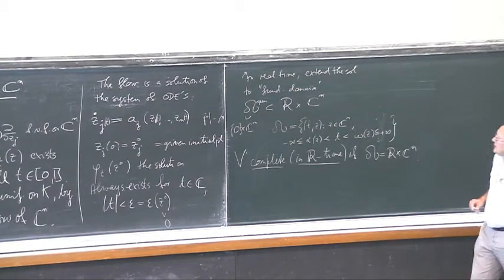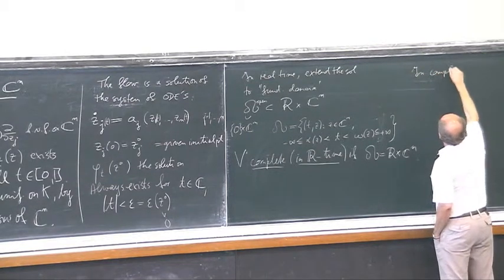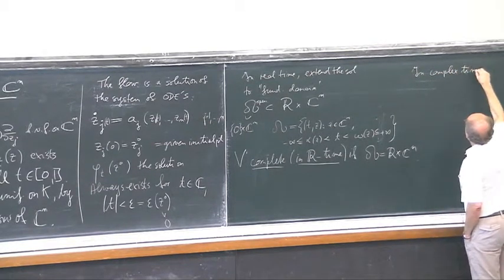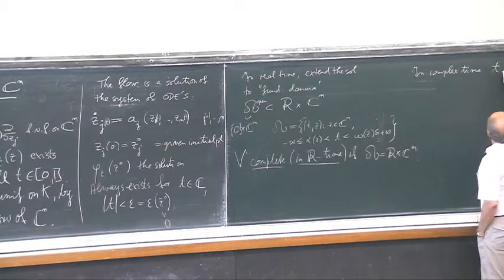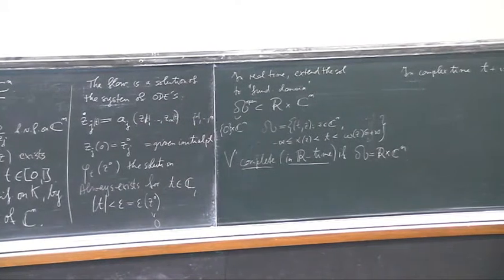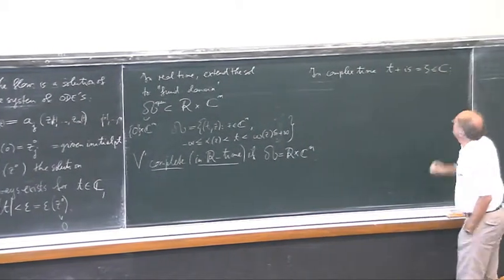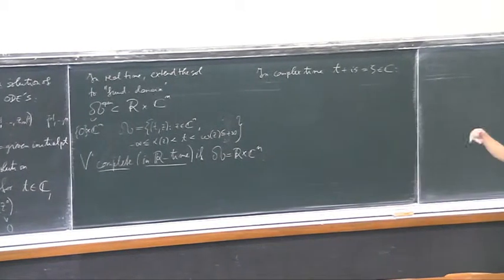So if we look at this in complex time, if I write time as t plus is, for example, where this is the real and this is the imaginary component, then it's possible to understand the system as follows.